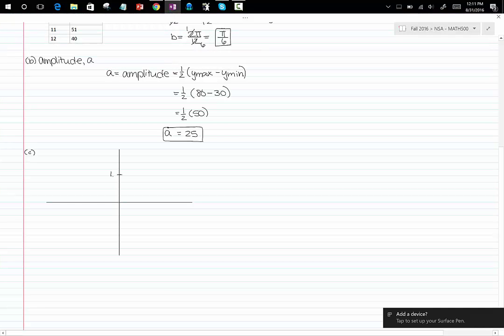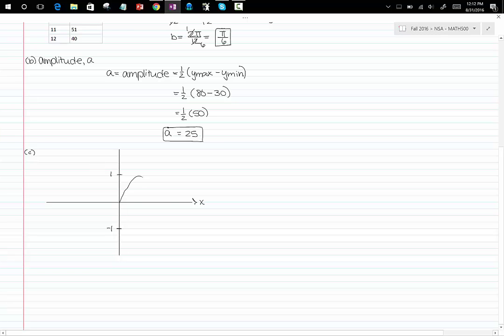Here is 1, here is -1, and we have a sine graph, and let's just look at the sine graph on the positive side of x, where it goes up, comes down and comes right back to 2 pi. So like we said before, the sine function stays between the y values -1 and 1.